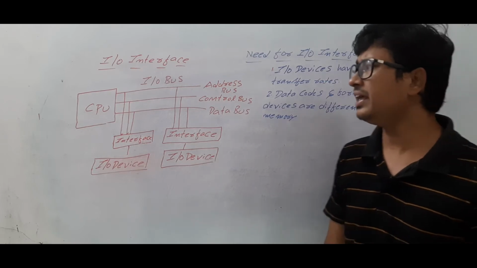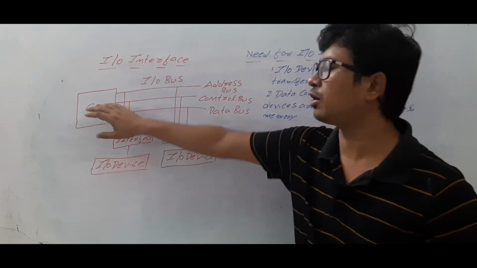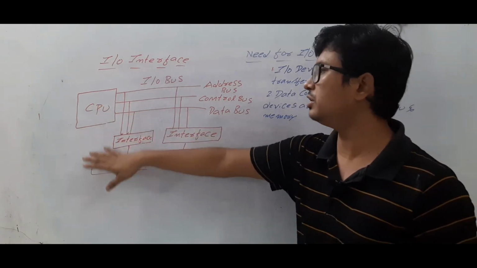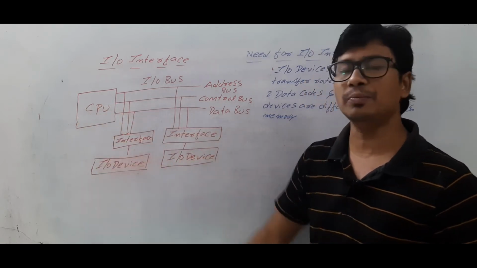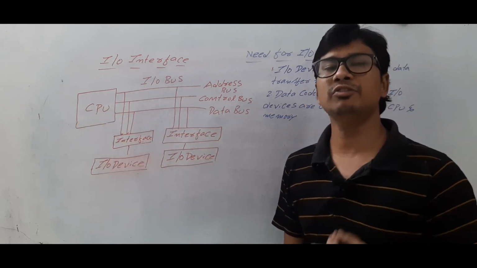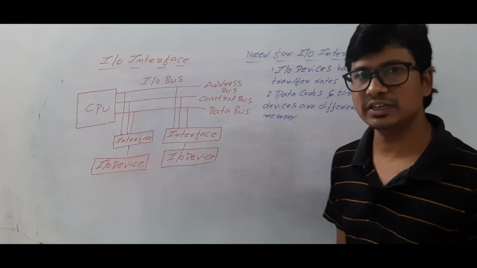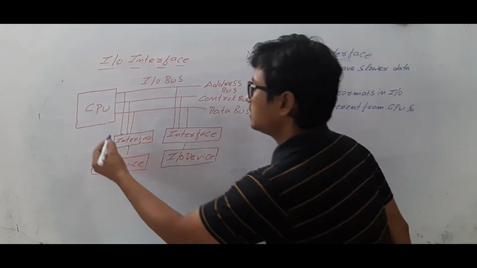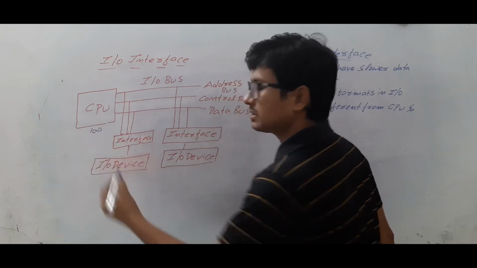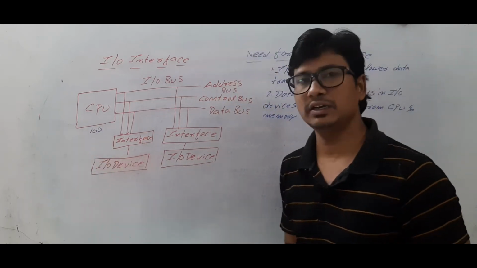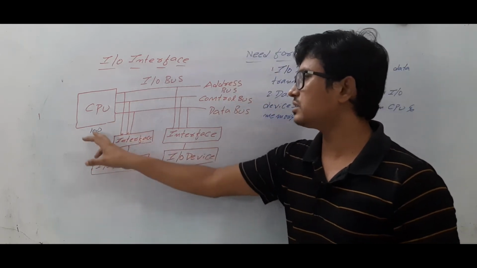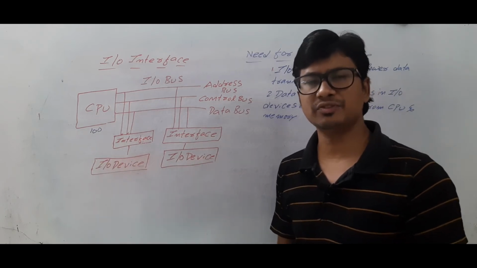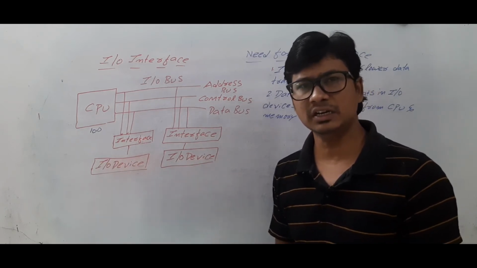Then you can ask me, sir, how will they communicate? Suppose the CPU wants to communicate with an I/O device, how will it be done? The first thing is that the CPU, let's say, has written some address, 100. It wants to communicate with the device with address 100. Everything is in terms of addresses only, and an address is nothing but a location.